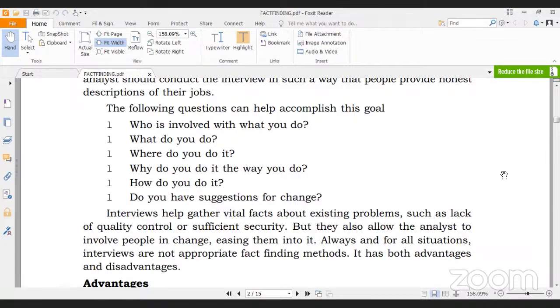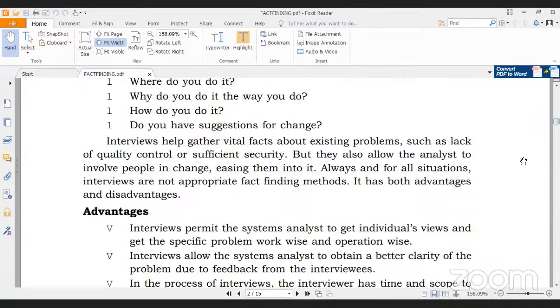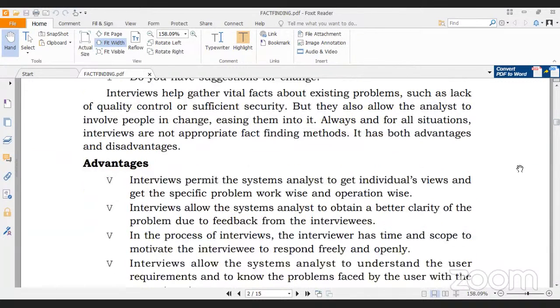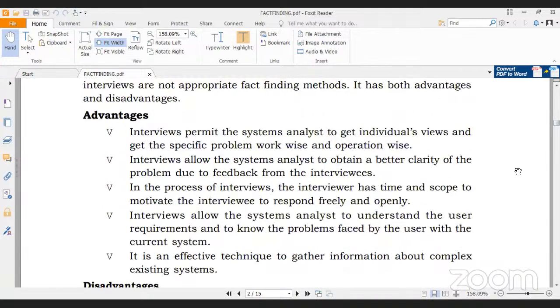Depending upon the customer's mindset and choice, the customer may give an appropriate answer or may give a biased answer.